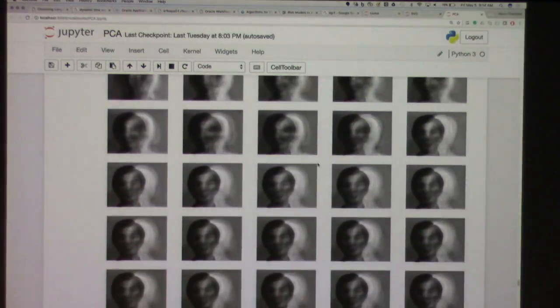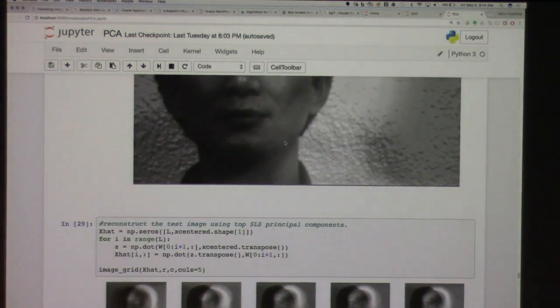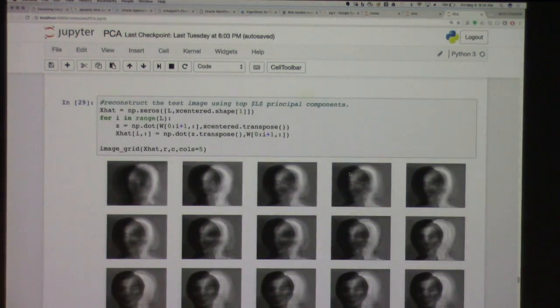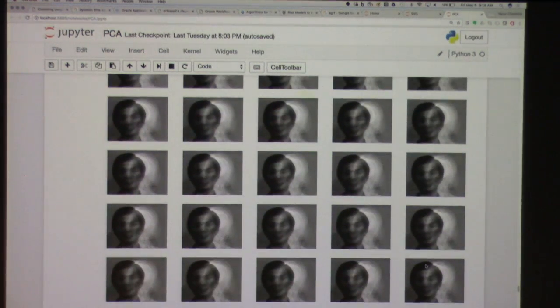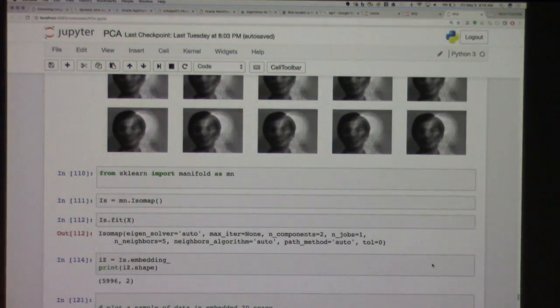So think about it this way: this test image was a 77,760-length vector, and using PCA, I represented it using just 50 numbers. Then when I multiplied it with my principal components, I could recover the image.